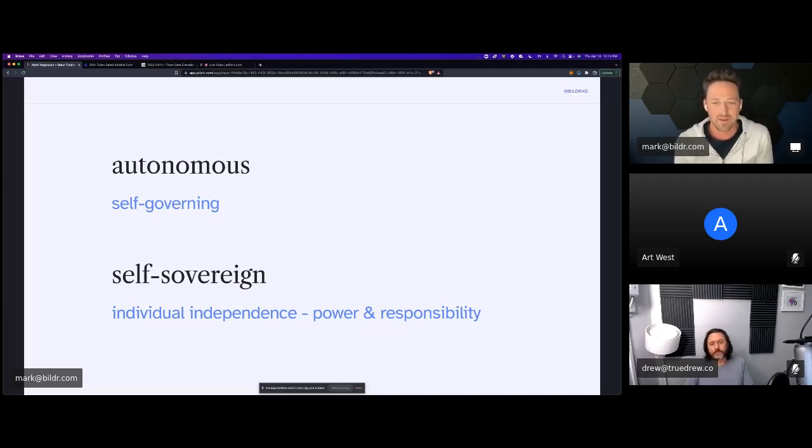So just autonomous. And then self-sovereign is also a really important term in the space. Really, it's individual independence, right? This Spider-Man kind of stuff. With great power comes great responsibility. It's really important to think about because it's a requirement of Web3.